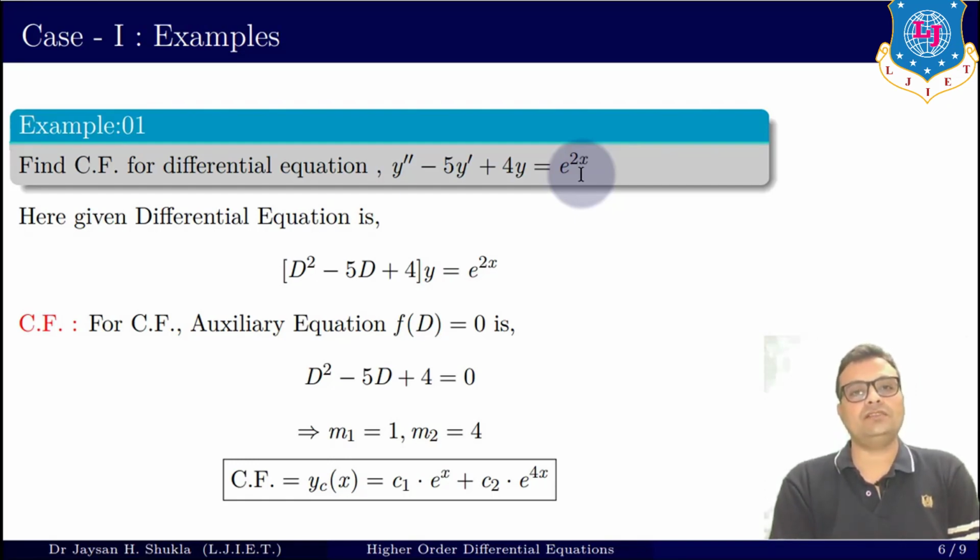So we can find complementary function as per our discussion earlier. So the first thing is to convert this equation into operator form. As I told you already, y double dash is simply D square of y, minus 5y dash is minus 5D times y, and 4y is simply plus 4y.